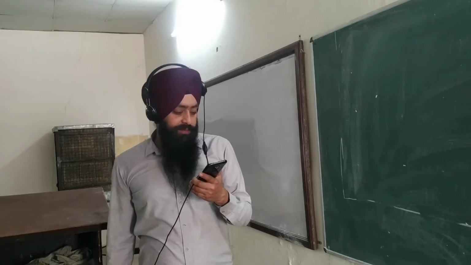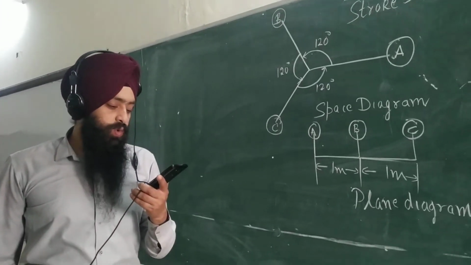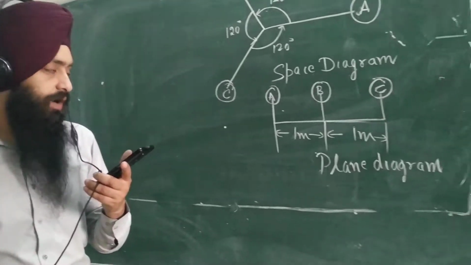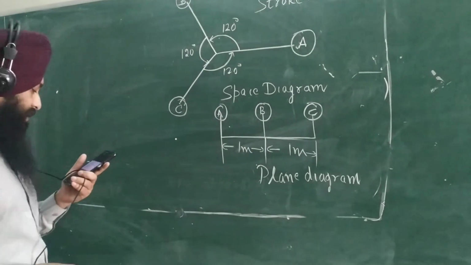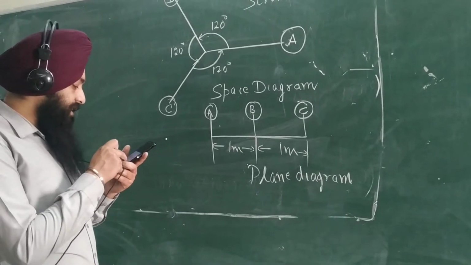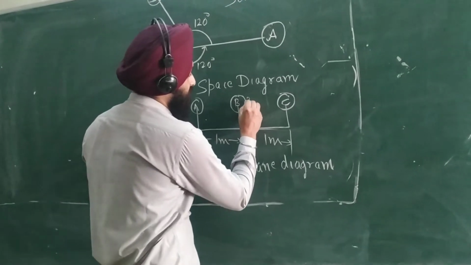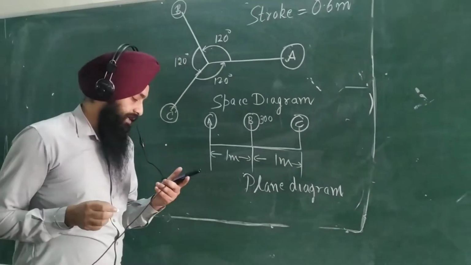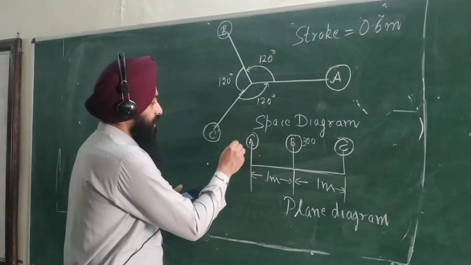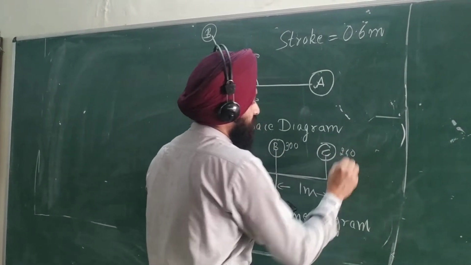The reciprocating masses are 300 kg for the inside cylinder and 260 kg for each outside cylinder. Mass is given. The mass of the inside cylinder is 300 kg, and the mass of each outside cylinder is 260 kg.